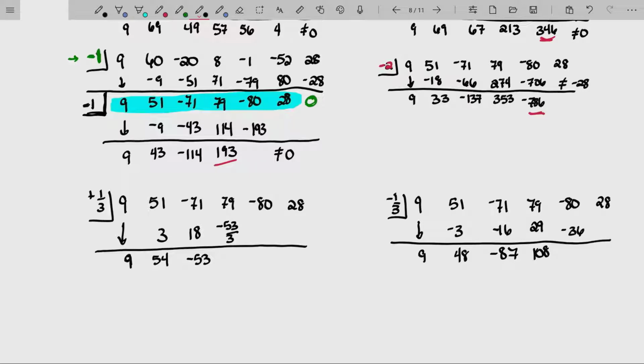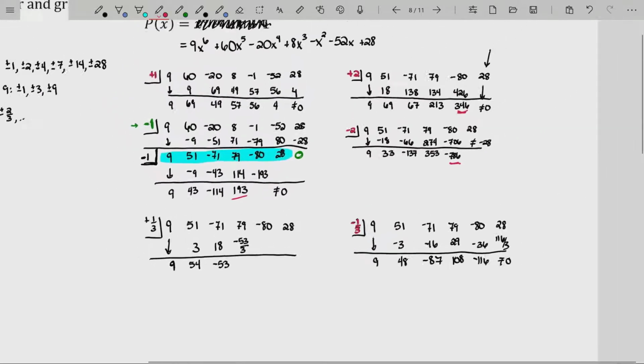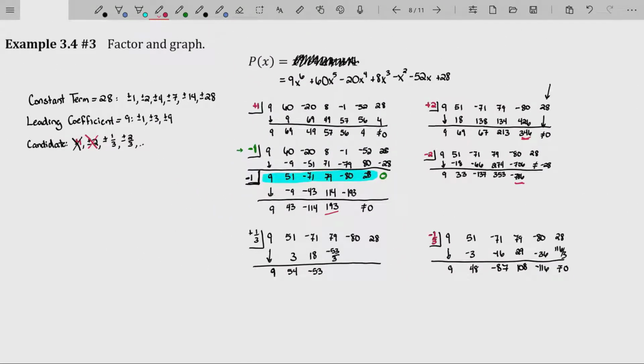You get 116, which is not divisible by 3. If the digits don't add up to a number that's divisible by 3, it's not divisible by 3. So this is going to be a positive 116 over 3, which is non-zero. I can throw that out. And it starts looking like it's just a super long process.